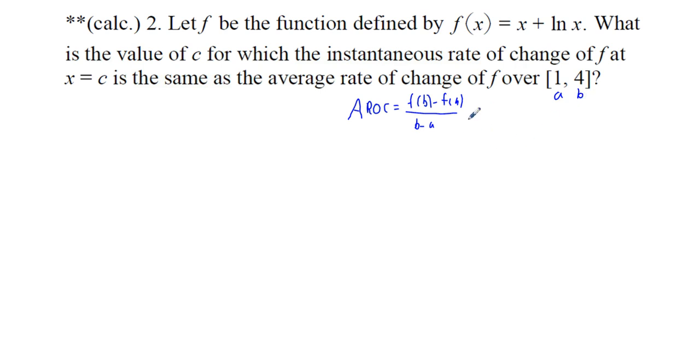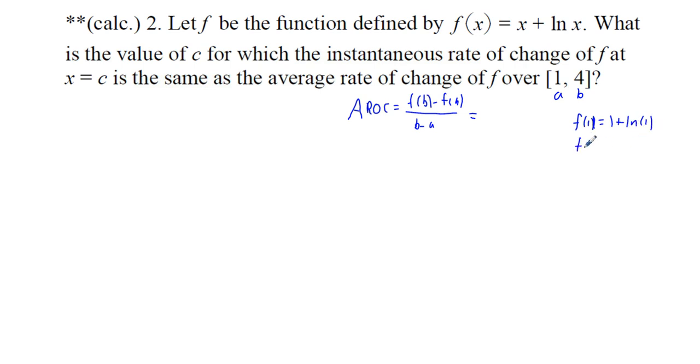So the first thing I'm going to do is find f of 1. Well, f of 1 is equal to, we replace x with 1, and we have 1 plus ln 1 is really what I want to say, right?